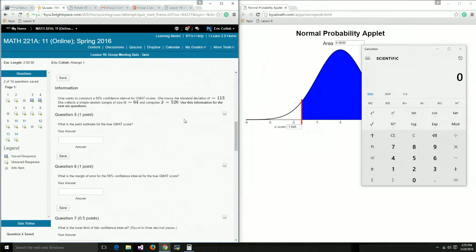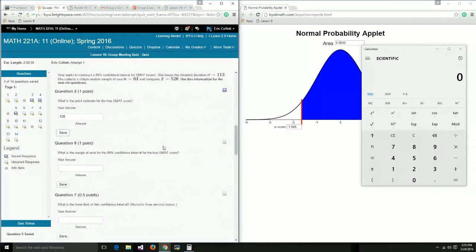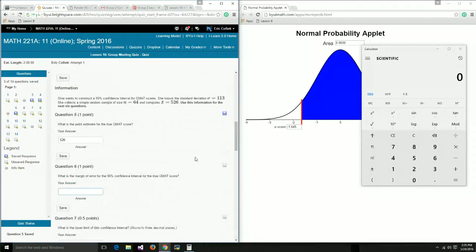Didn't we just learn that? So that will be the value of x bar, right? Yeah, that's what I was thinking too, because we just learned that x bar is a point estimator. Then it asks what the margin of error is. Oh, this is a 95% confidence interval.